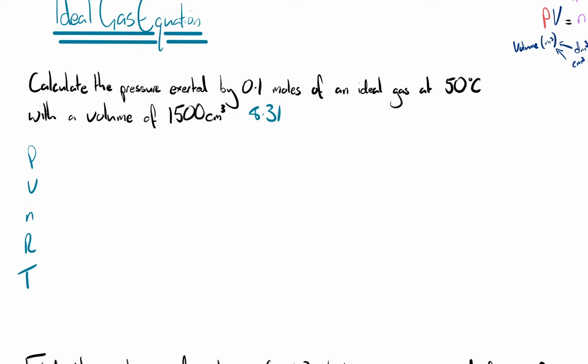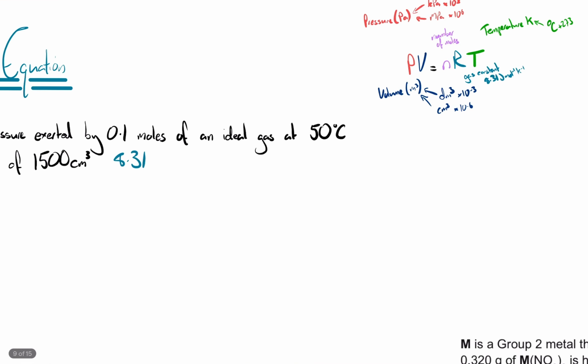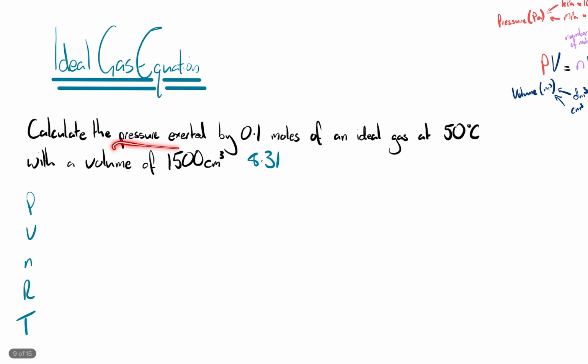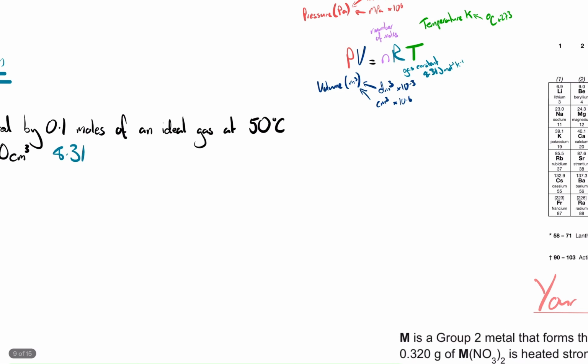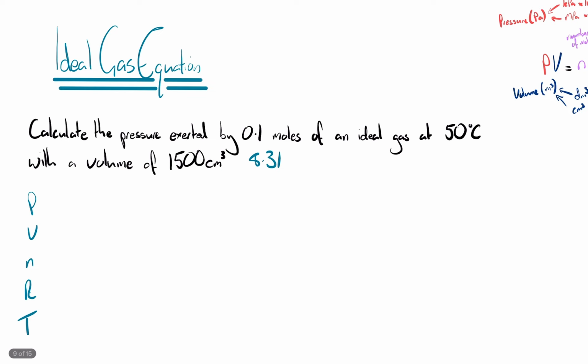So P, for starters, we just need to work out what the equation is. Pressure is what a question is asking us to find out. So I'm going to divide both sides by V. There I get to P equals nRT over V. What does volume equal?